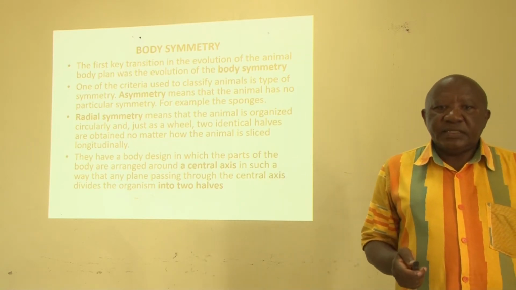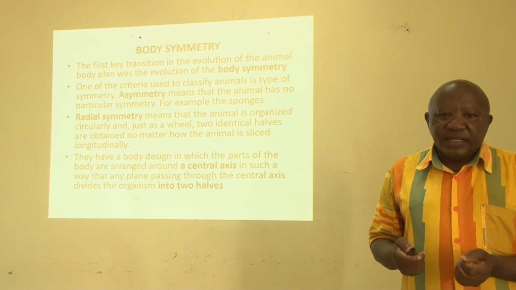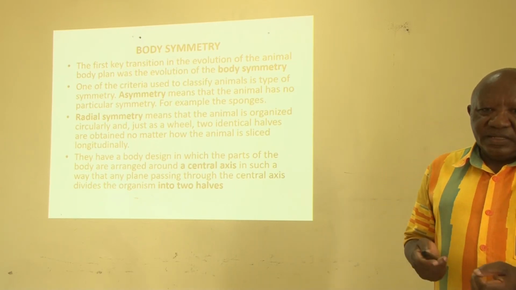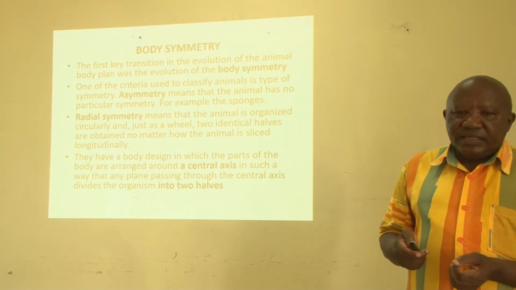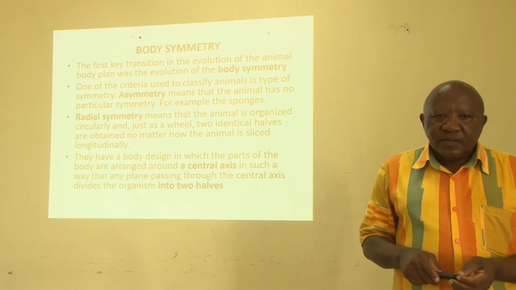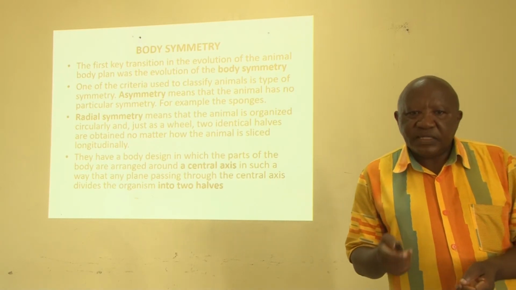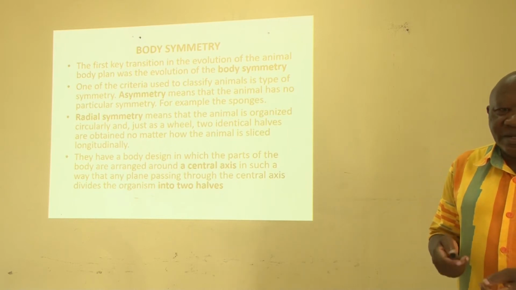Radial symmetry means that the animal is organized circularly, just like a wheel. It forms two identical halves, no matter how the animal is sliced.